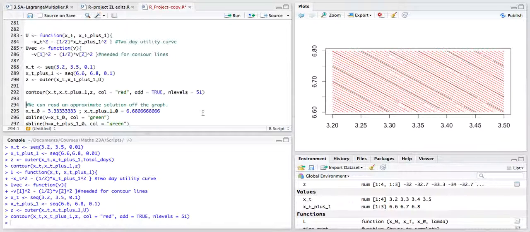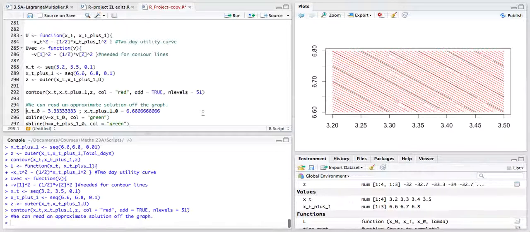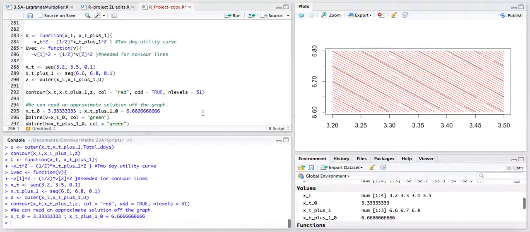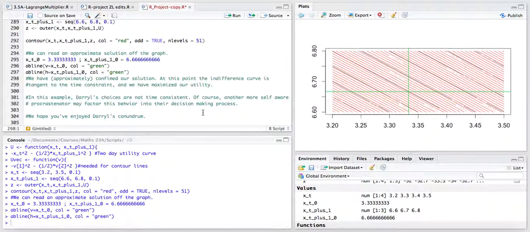So at point 3.333 recurring and point 6.666, we can see that we have a tangent. We have a tangent at this point to the constraint 10, and we have approximately confirmed our solution.